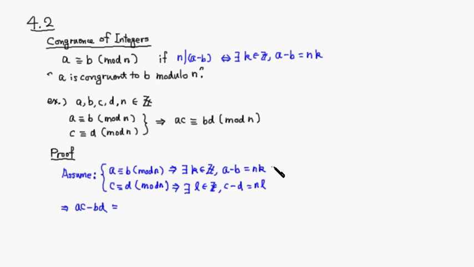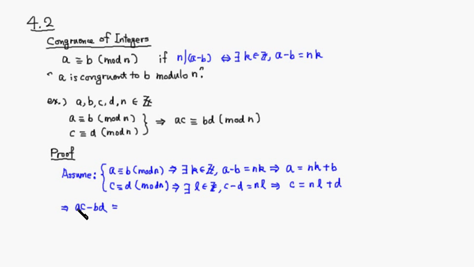First I'm going to solve for A: A is equal to nk plus B. Same thing, if you solve the other equation for C, you have n times L plus D.